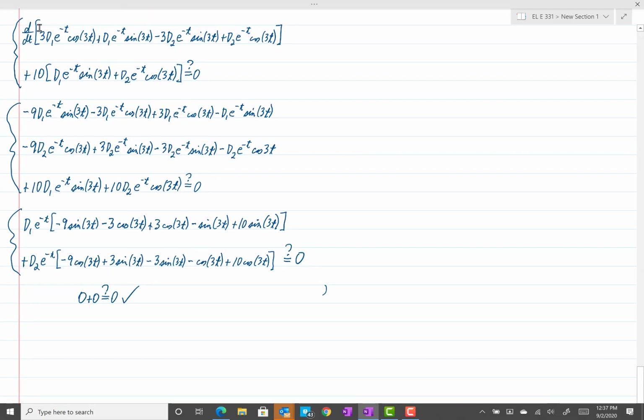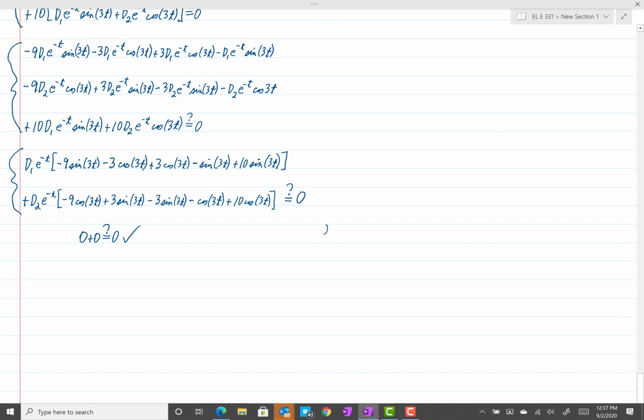Now, finally, I have to go ahead and use the product rule in calculating the derivative of each one of these terms, and I'll let you, if you want to, verify that everything here has been done correctly. Notice that now it takes 3 lines to write out everything. But after I do that, I will group things together. I'll group together everything involving d1 e to the minus t and everything involving d2 e to the minus t.